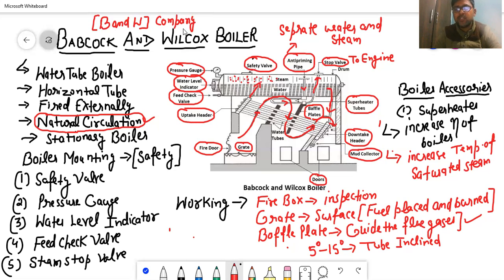And they are the first company who patented water tube boilers for the first time. Clear? And in World War 2, all the boilers of the marines in the US Navy were made by the B&W company. Clear? So B&W, or Babcock and Wilcox, is a very established name in the field of boilers. Clear?